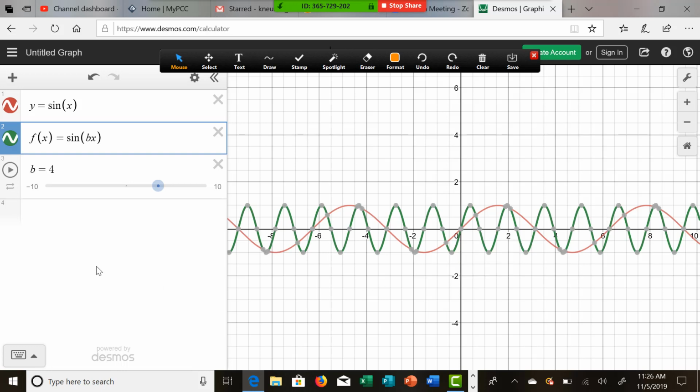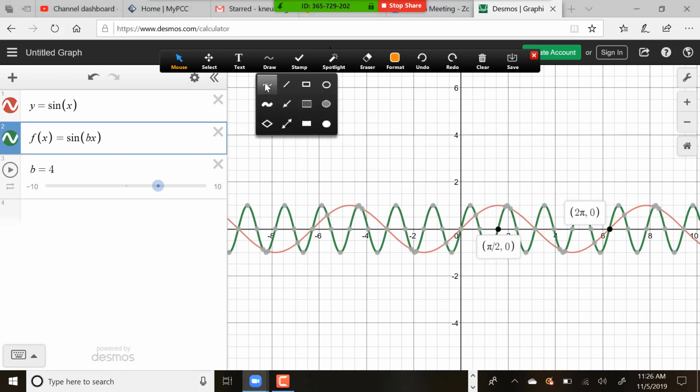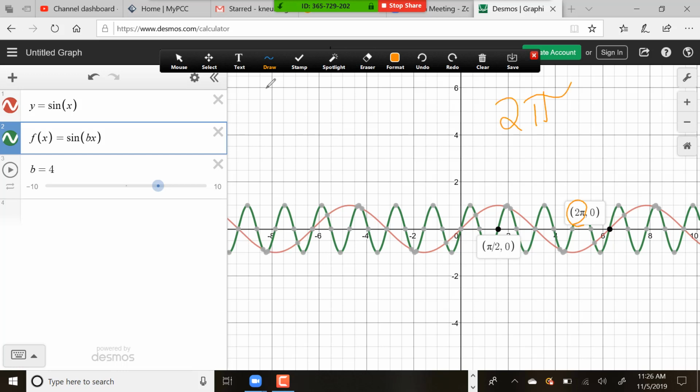Now what we were discussing was that we should be able to take our x-coordinate and divide it by b. So if that's the case, my x-coordinate here is 2 pi. My new x-coordinate, because b was 4, should be 2 pi divided by 4.